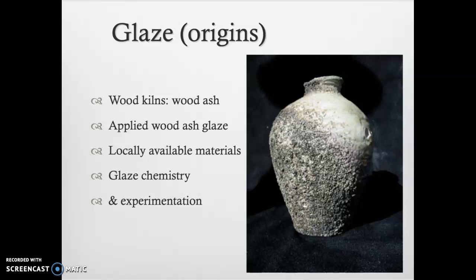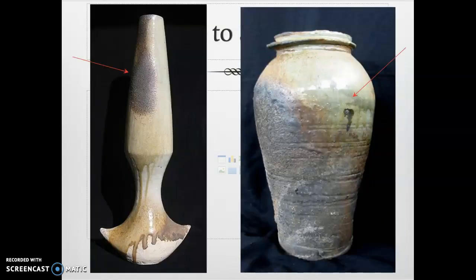In Egypt, we have faience, which is essentially a clay and glaze mixed together, so the clay itself kind of melts. And then we have other materials in other parts of the world that artists discover melt, or discover that in combination with other materials they melt, and they produce the effects that they want to see. So let's start with ash.